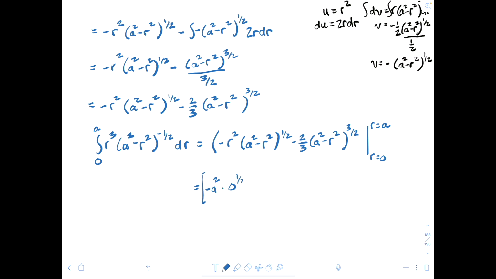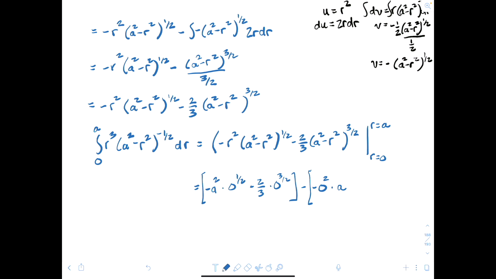To the 1/2 if you want to, because a squared minus a squared is 0, minus 2/3 times 0 to the 3/2, minus, if r is 0, we'd have negative 0 squared times a, because if r was 0, you just have the square root of a squared, which is a, but it all zeroes out anyway.